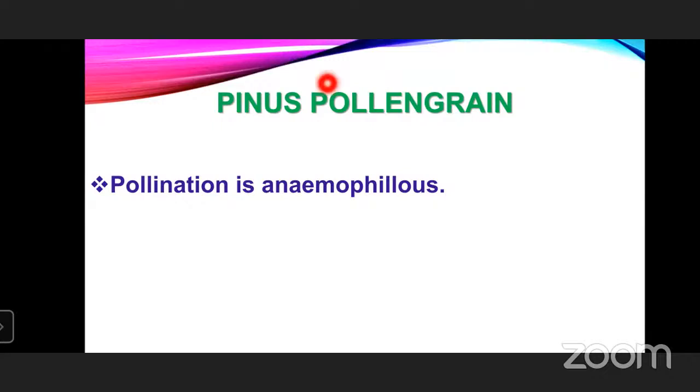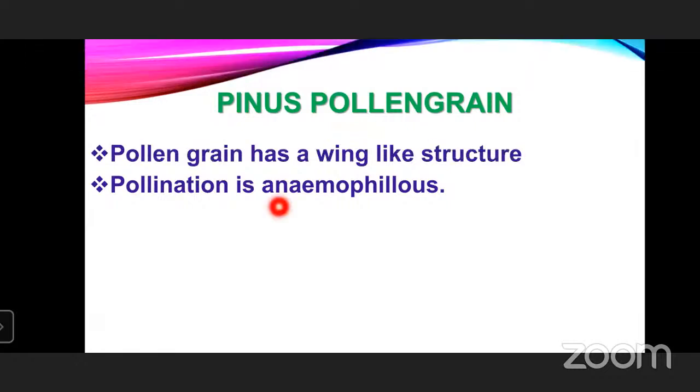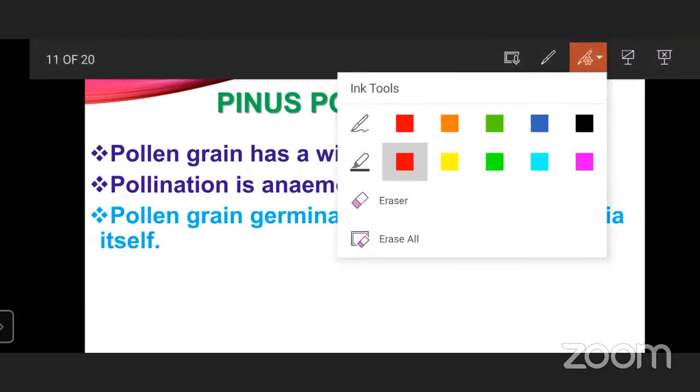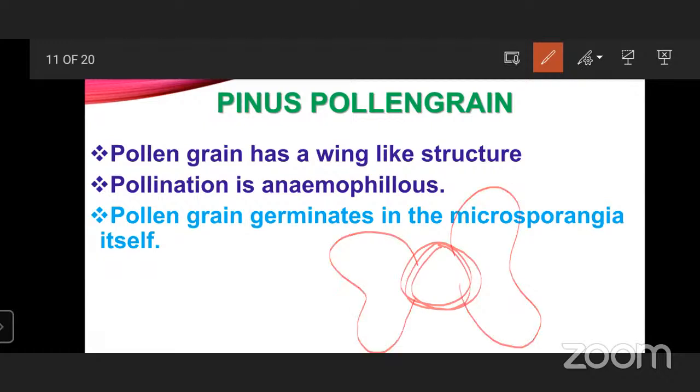When we observe the pollen grains in Pinus, each pollen grain has a wing-like structure. So this is the pollen grain and it has wing-like structures.